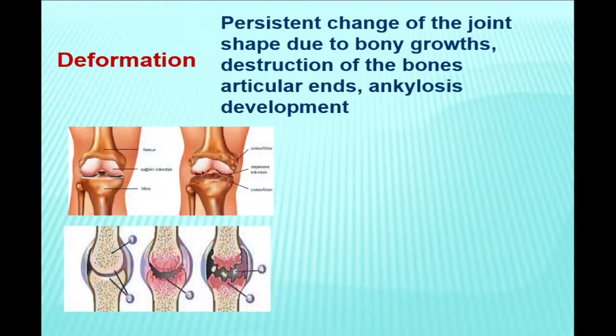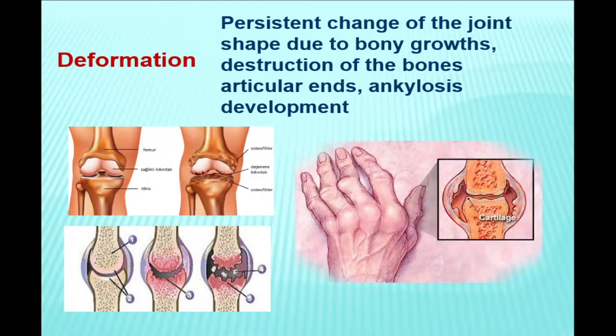This process may be characteristic for deforming osteoarthrosis, when the cartilage is significantly affected, the joint slit is deformed, the edges of the bones change, and as a result the shape and movements of these joints are affected.